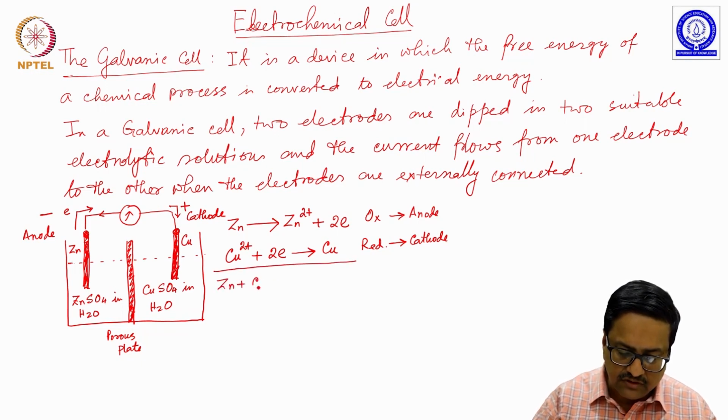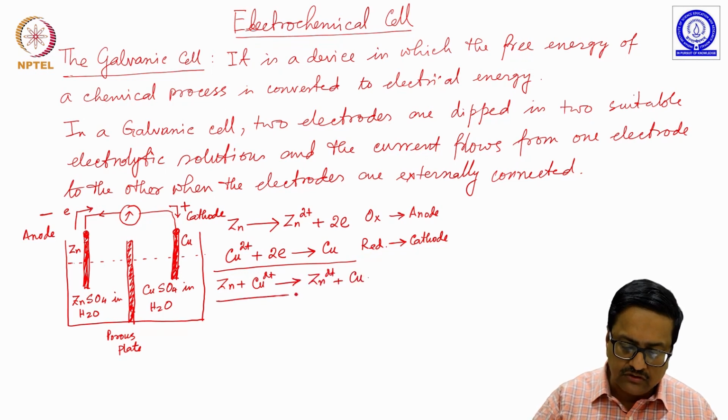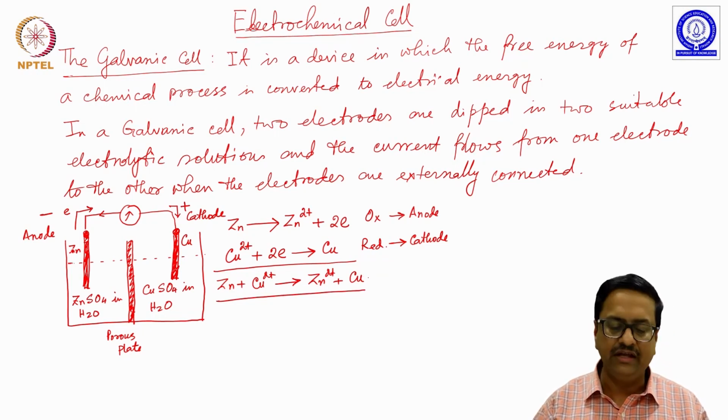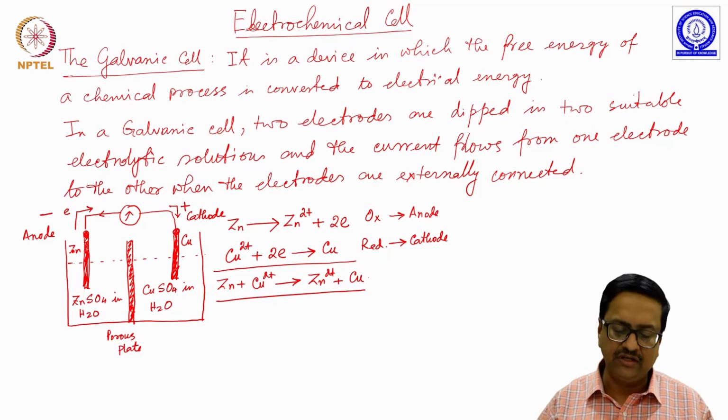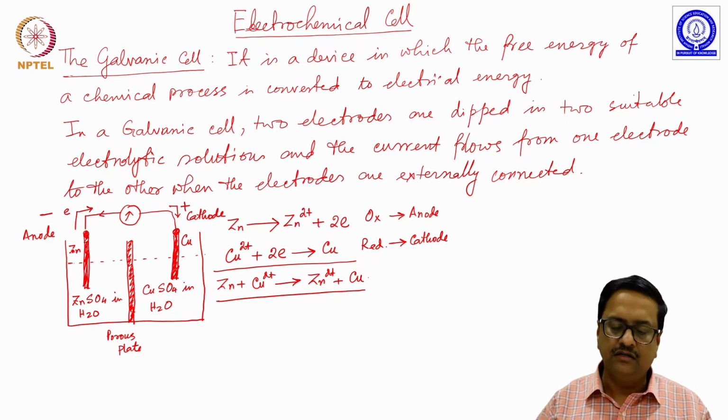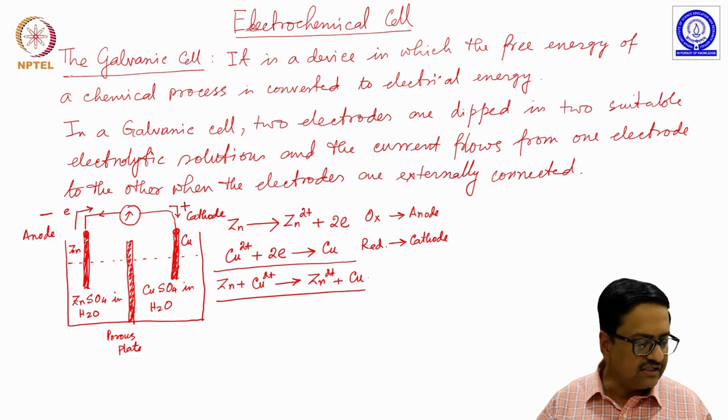Zn plus Cu2+ giving me Zn2+ plus Cu. So what does it mean? That with time this zinc electrode continuously reduces in weight, because zinc is coming in solution as Zn2+ and copper is getting deposited from copper sulfate solution as metallic copper by absorbing 2 electrons from the electrode. So this is the overall cell reaction that is happening in this Daniell cell.